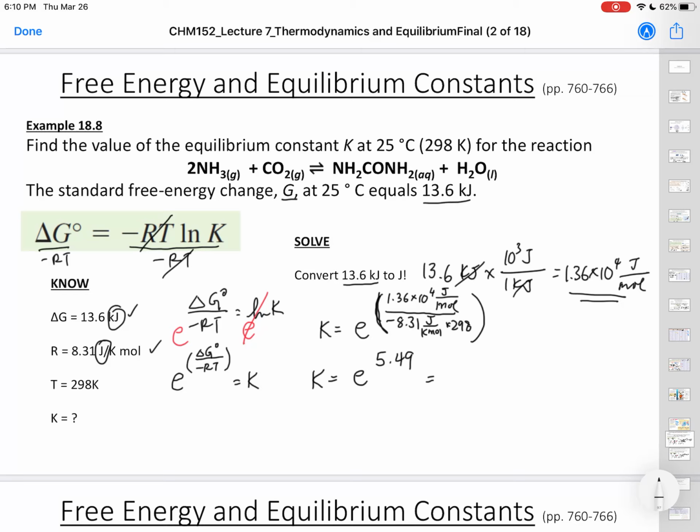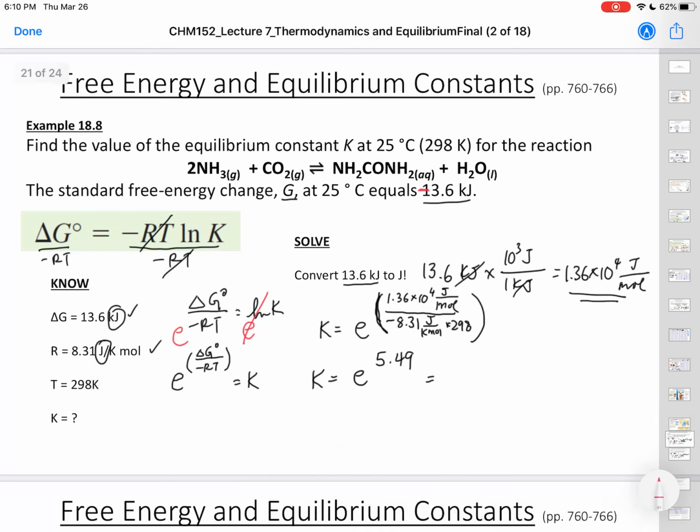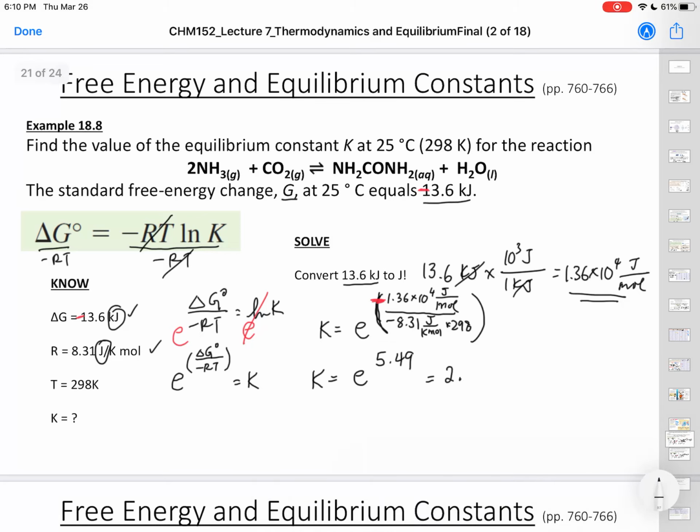Then we have to do e to the 5.49. Oh, hold on a second. Let me just see here. There is a typo in here. I apologize. In this problem, delta G is equal to negative 13.6, so this should be a negative value. Sorry, I made a mistake. With the negative, this comes out to positive 5.49.